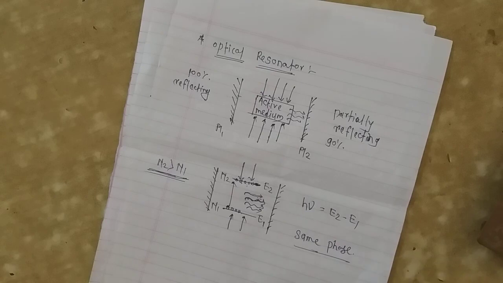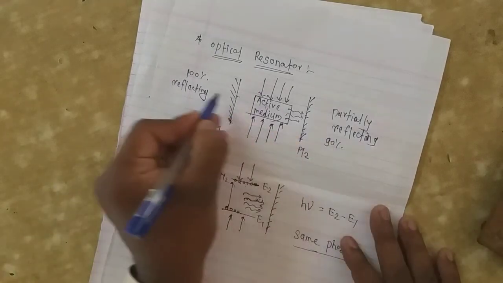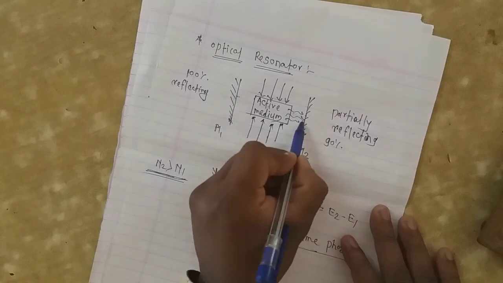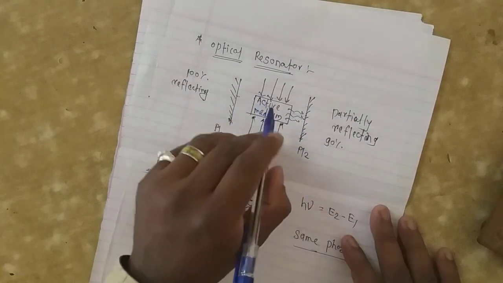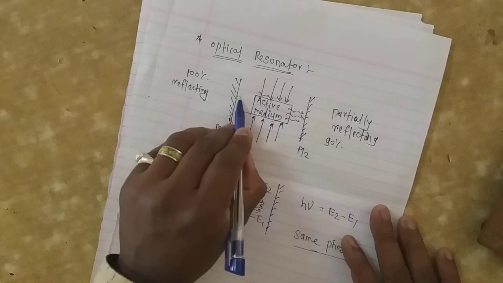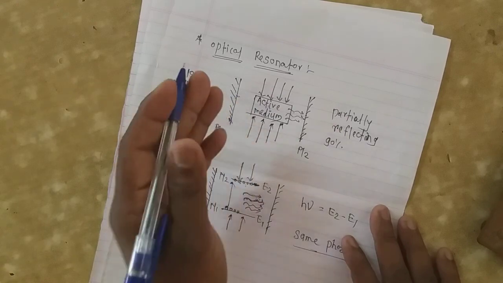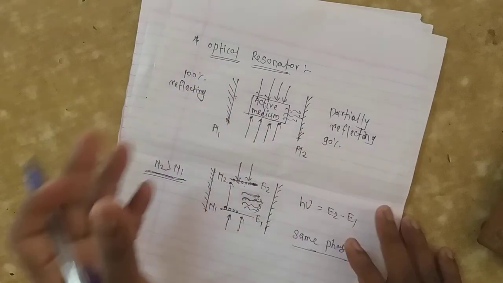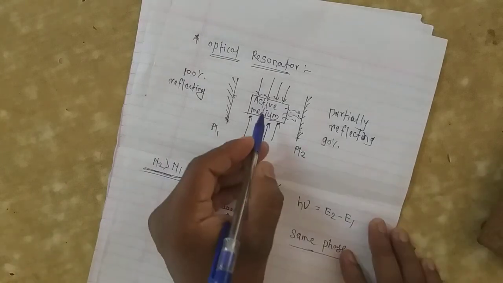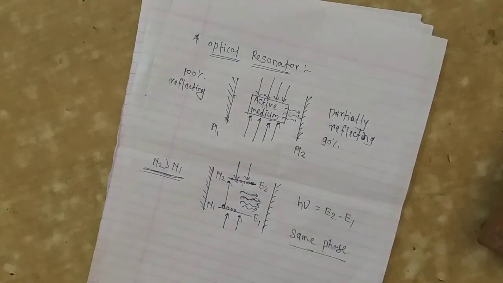This process continues, and that is the multiple reflection. It is incident on M1, after reflection enters the active medium, and again is incident on mirror M1, then after reflection enters the active medium. This is the multiple reflection.